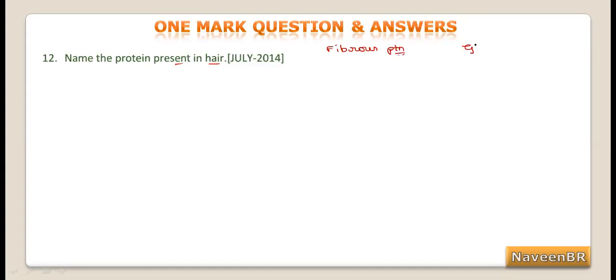For fibrous protein, we have taken the example of keratin, and we have considered myosin. And for globular protein, we have taken ovalbumin or egg albumin, or hemoglobin. All those are examples.